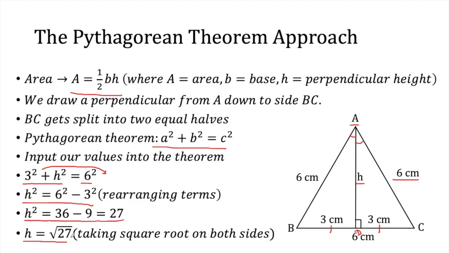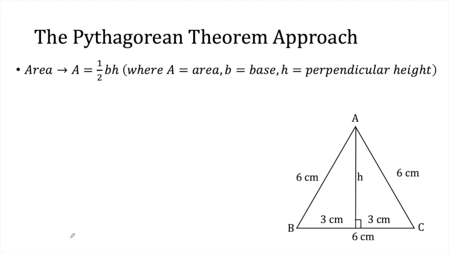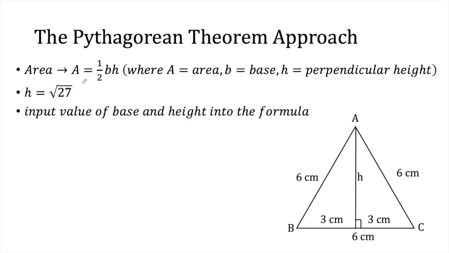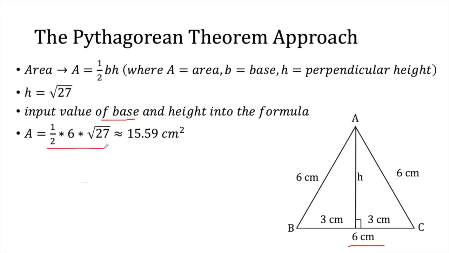Now, since we have the value of h, we can simply put its value into the equation of area. We're already given the base to be 6 centimeters here. Putting our values into the equation, we get A to be half times 6 times square root 27, which is approximately 15.59 when you evaluate it in a calculator.